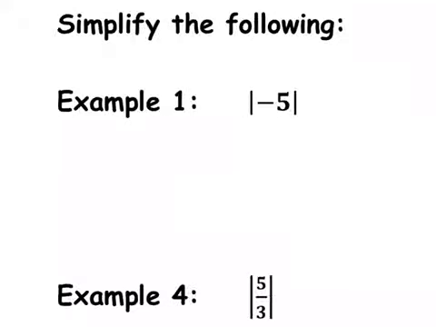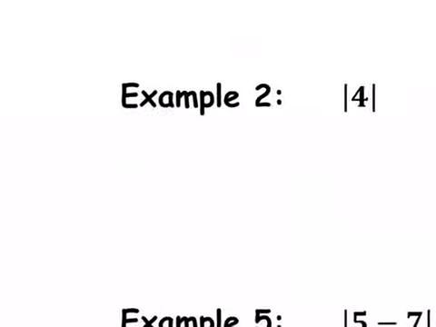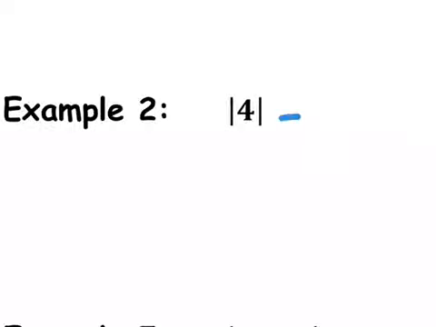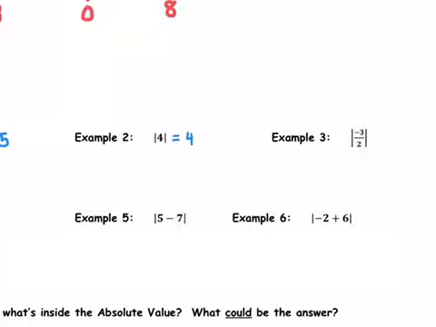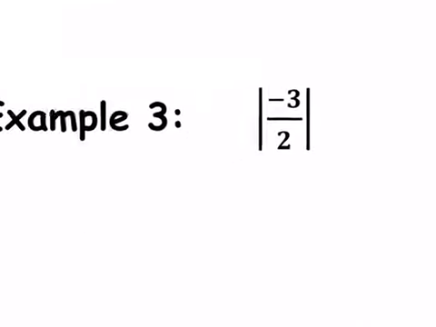So we'll just move through these examples pretty quickly. The absolute value of -5 is just going to be 5. Move over to example 2. The absolute value of 4 here again is just positive 4, so we don't change signs. Don't think of absolute value as changing signs, just think of the value of the numbers.